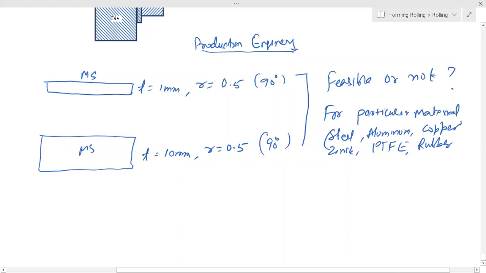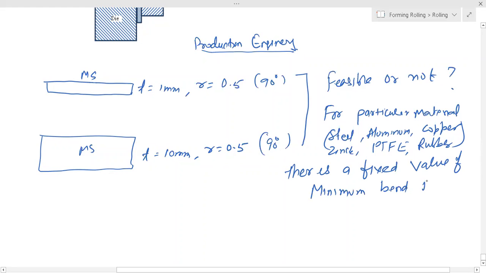So for a particular material, there is a fixed value of minimum bend radius for a particular thickness.